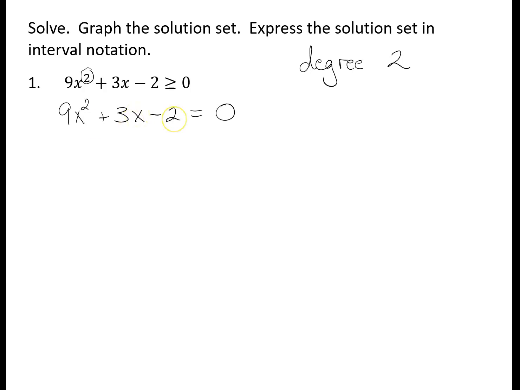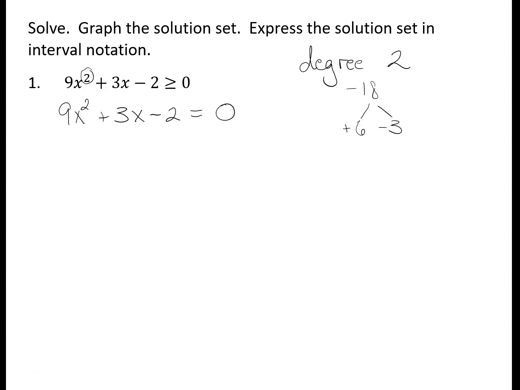And I do not have a GCF. I have a 9 in front, so let's try AC. 9 times negative 2 is negative 18. Factors of 18 that subtract to be 3. We have those, 6 and 3. Signs are going to be different, larger positive. So a positive 6 and a negative 3, those will work.